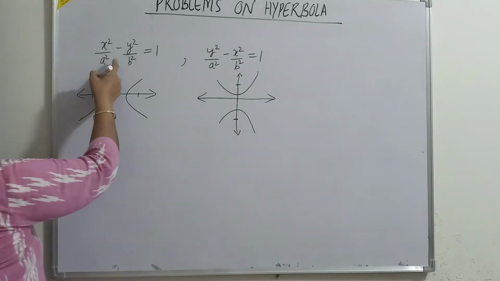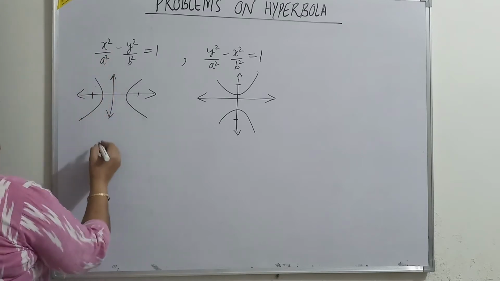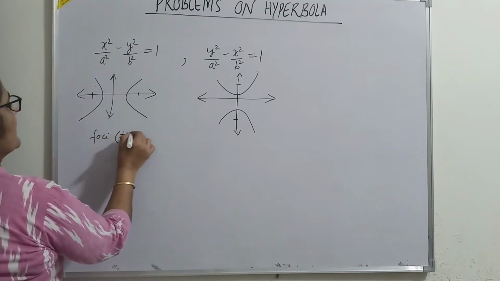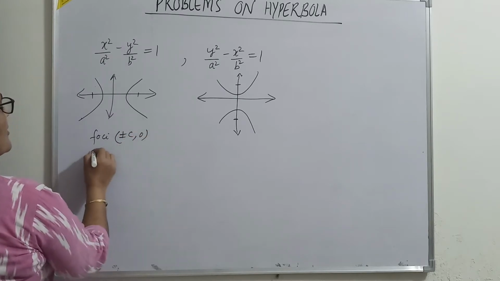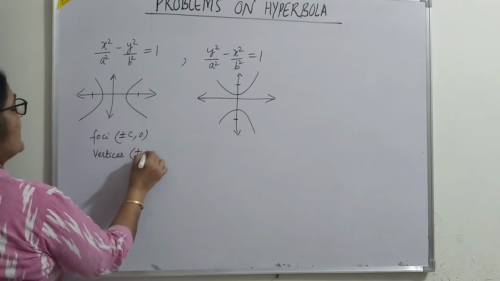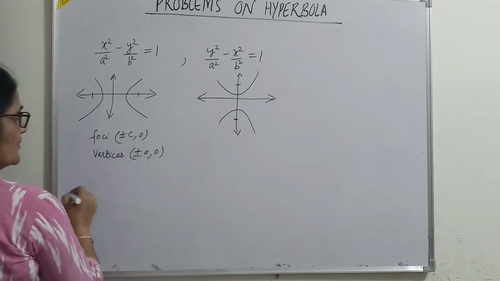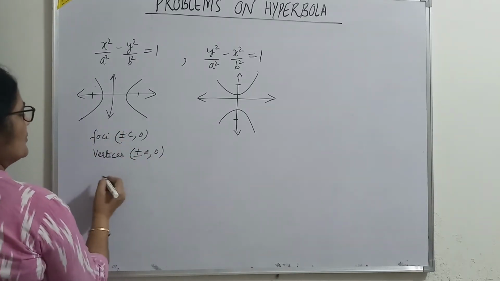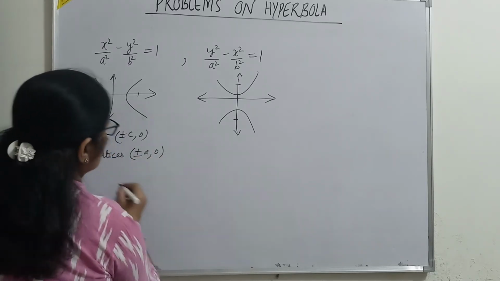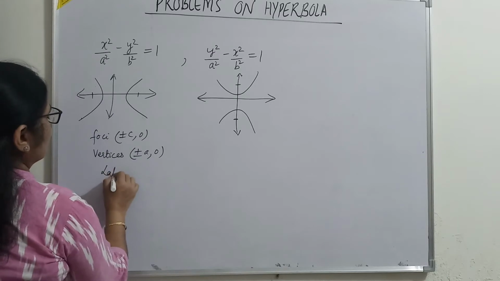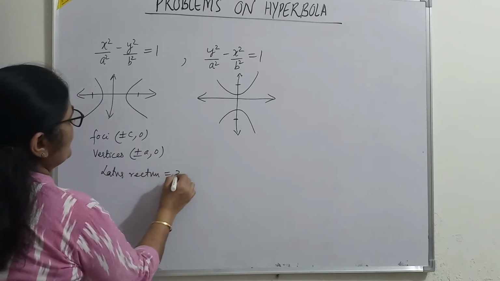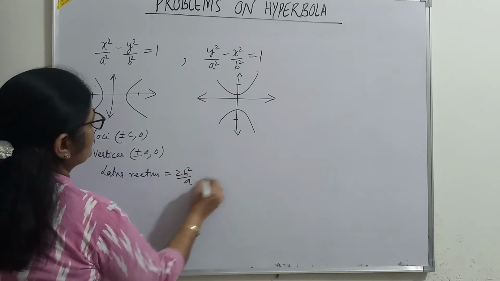And in such a case, what are the foci? Foci are plus minus c comma 0. Vertices are plus minus a comma 0. And as you know, the length of the latus rectum remains the same in both: 2b square upon a.